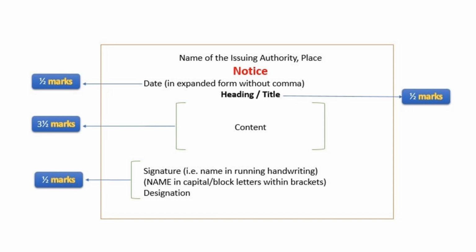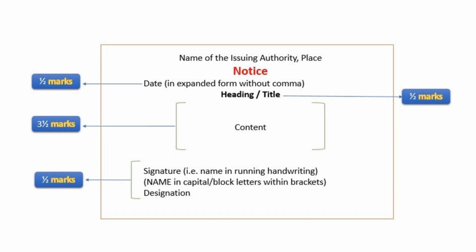It carries half mark. Then, after writing the name of the organization, notice, date and heading, we have to start with the body of the notice, which is called the content of notice writing.